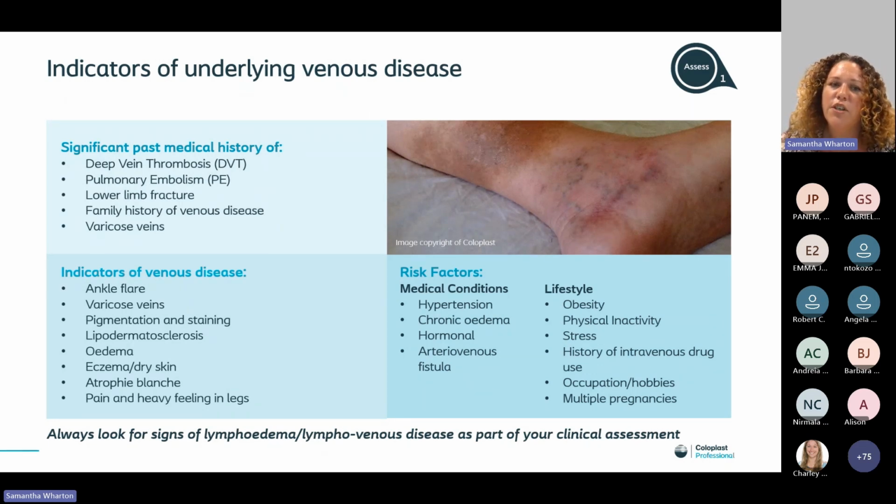And then you've got those visual signs, that ankle flare, varicose veins, that pigmentation and staining, that venous staining where you get the discoloration around the ankle area, eczema, dry skin, also just that pain and heavy feeling in the legs. So we're health professionals on this call, and we're often on our feet for hours and hours on the day.